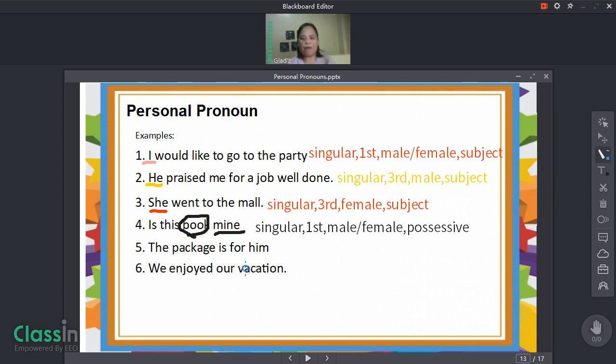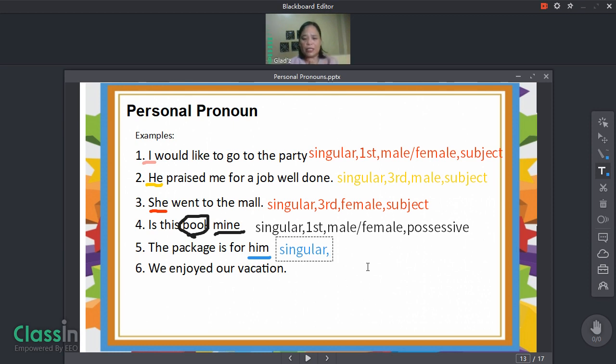Number five. We have the pronoun him. The personal pronoun in number five is him. So what is the number of this personal pronoun? It is also singular.